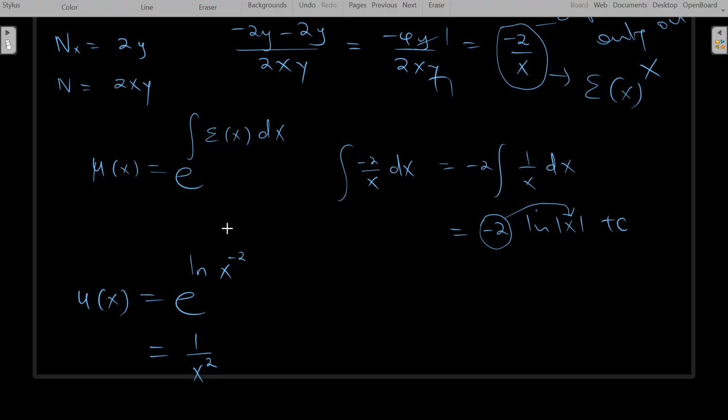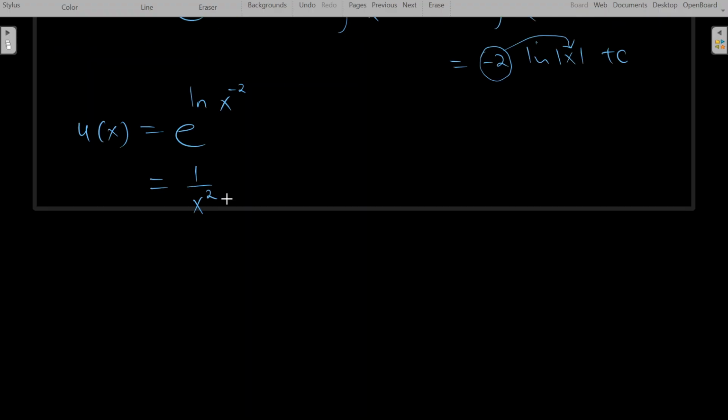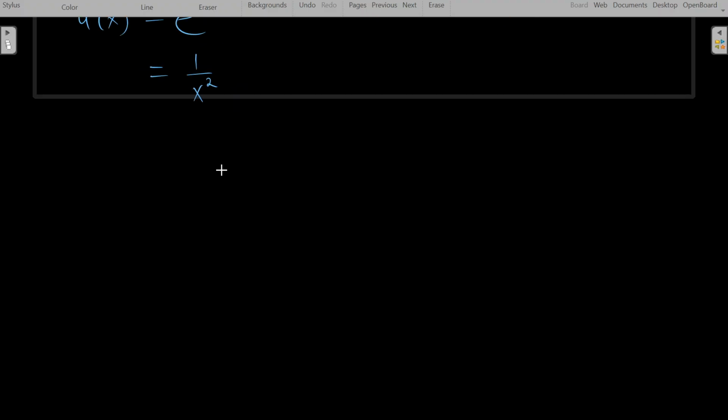Once we have found our integrating factor, we take the differential equation that we were given. Our differential equation was x minus y squared dx plus 2xy dy equals 0. Having this integrating factor, we multiply it through.